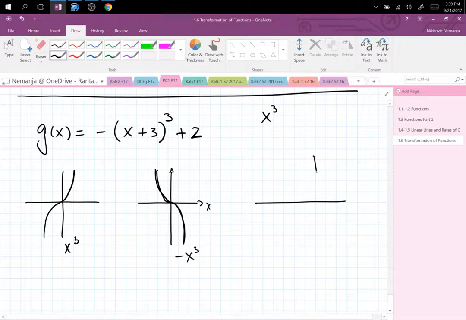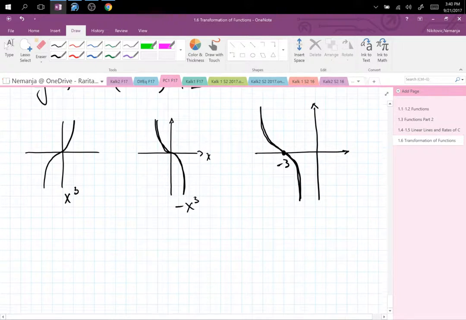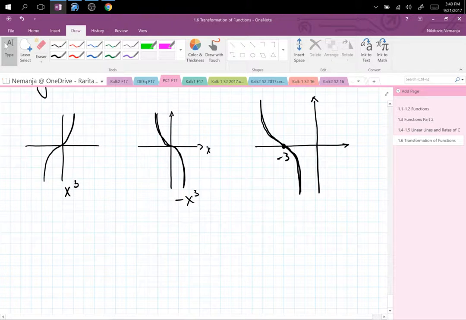That means that the good old point that went through the origin is now going to go through -3. We keep the same shape of the graph from our second box. So it's the same shape. It's now at -3. And this over here is negative x plus 3 cubed.